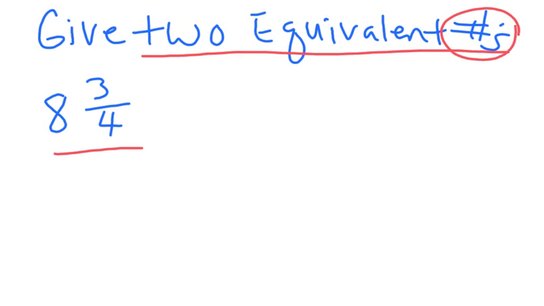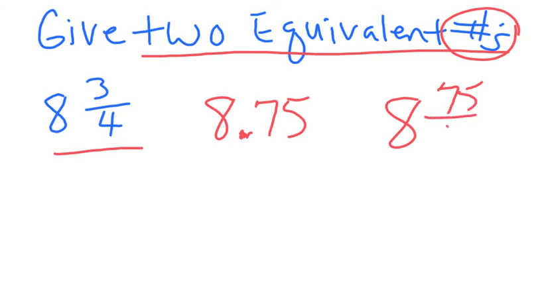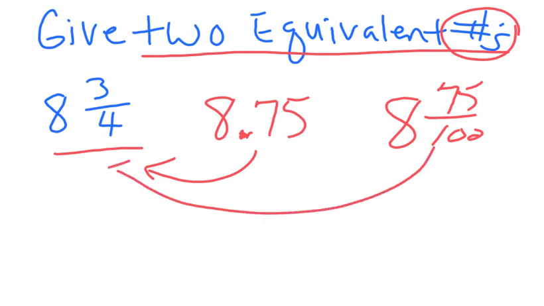Well, it's 8.75. Can I write it like a fraction with the 75? Sure, so that's 8 and 75/100ths. Both of those are equivalent to this. So when it says give 2 equivalent numbers, you want to maybe look at the fraction and the decimal form.